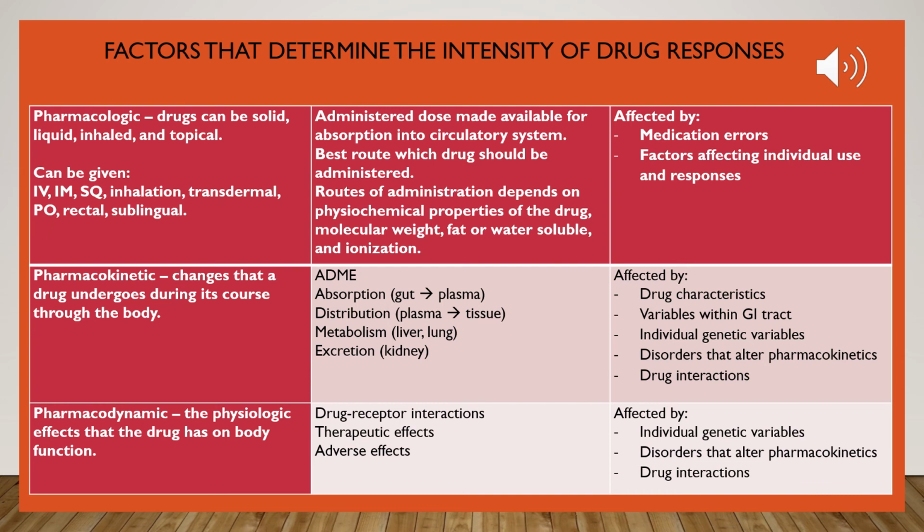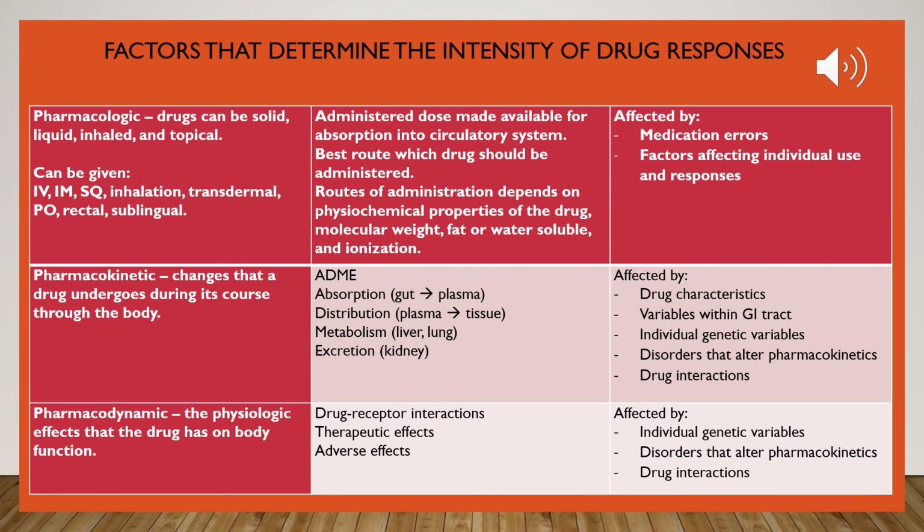The best route by which the drug should be administered depends on the routes of administration, the physicochemical properties of the drug, the molecular weight of the drug, whether it is fat or water soluble, and ionization of the drug. It's also affected by medication error and factors that affect individual use and responses.